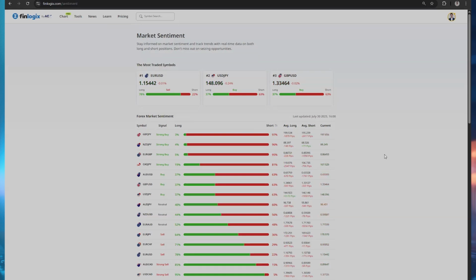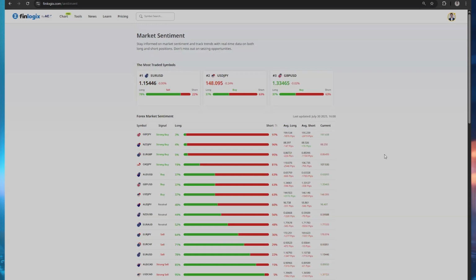Okay. So let's say the biggest percentage is on the short side, as on the first one, GBP Japanese yen, we can see that 97% is short, and the remaining 3% are long. So what we want to do is what the minority is doing.